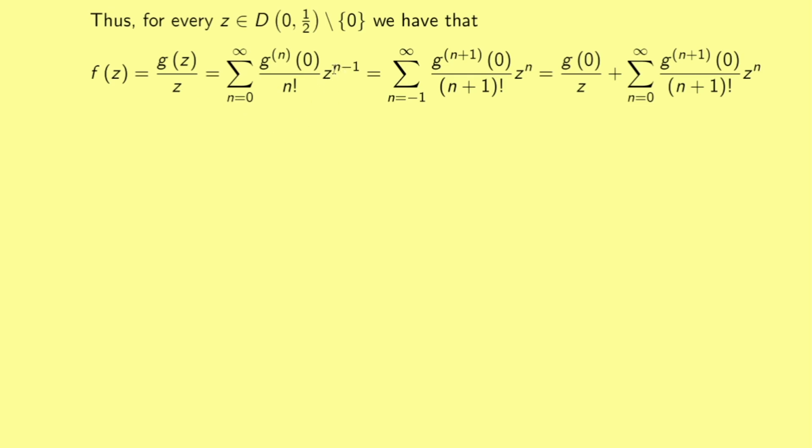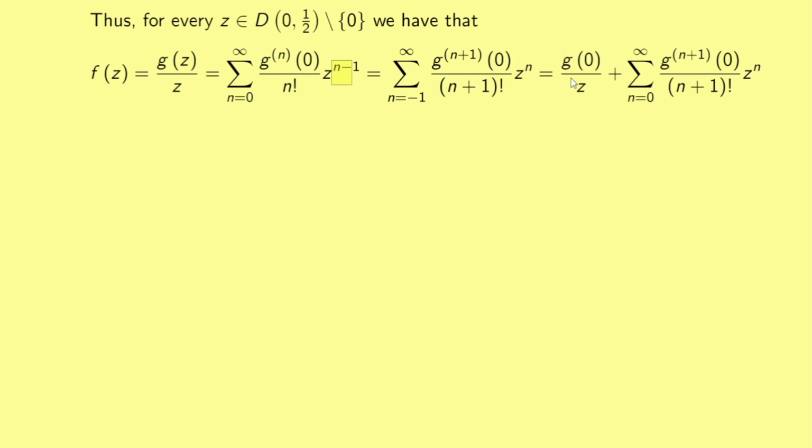And I can rewrite this expression by, instead of starting at 1, starting at minus 1. So this expression is the same as the sum going from minus 1 to infinity. And since I put a minus 1 here, I have to add 1 here and here. So I get the derivative of order n plus 1 at 0 divided by n plus 1 factorial times z to the power n.